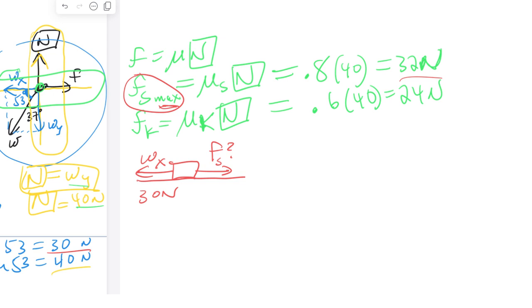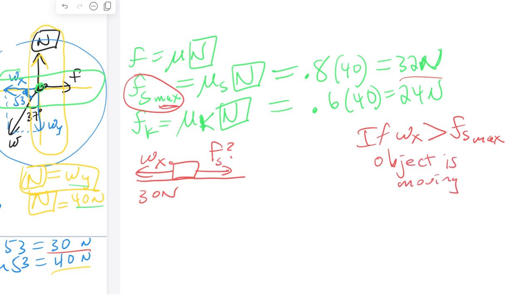If Wx is greater than the maximum static friction, the object is moving, is accelerating, and the friction is Fk, not Fs.